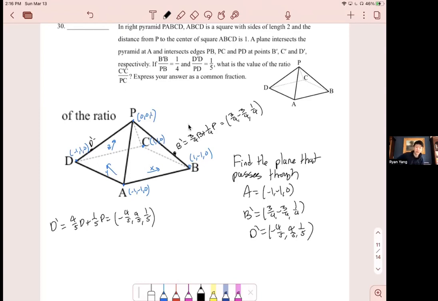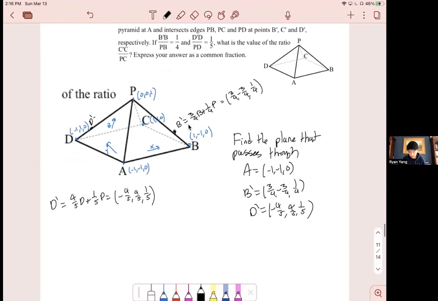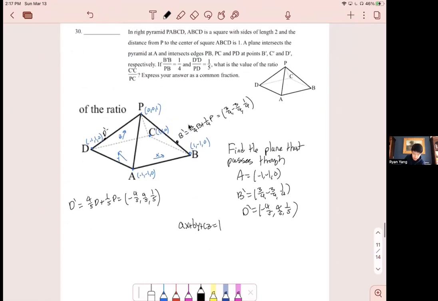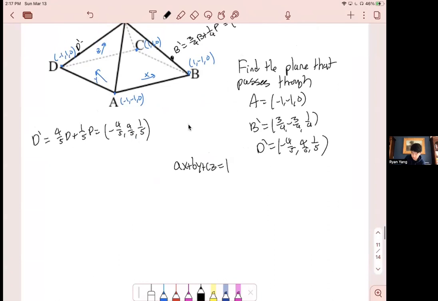If you don't know linear algebra and you just want to bash this out, you can write the equation for a plane as ax plus by plus cz equals 1. This gives you 3 equations. I guess I'll just go through this because the linear algebra is a bit wonky.